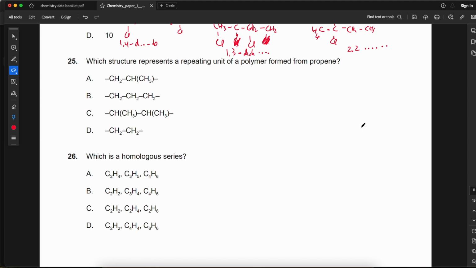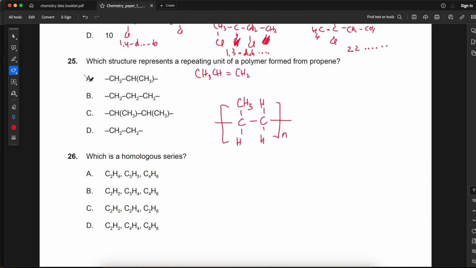Which structure represents a repeating unit of a polymer formed from propene? Okay, so propene is CH3CH=CH2. To make the polymer, let's start from CH3 and C and H, and I move to CH2 and then this.